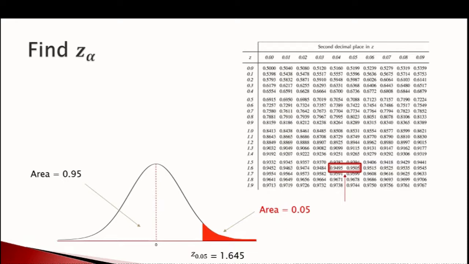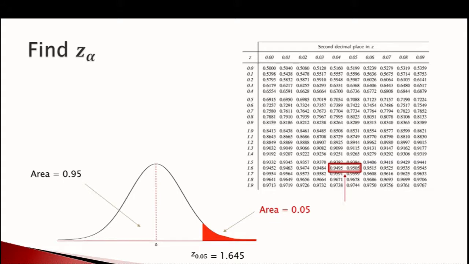So z sub 0.05 is 1.645. Sometimes you can go with 1.64 or 1.65. It doesn't really matter. Okay, so you can see that this value 1.645 will give you 0.95 as the area to the left of it and 0.05 as the area to the right of it.